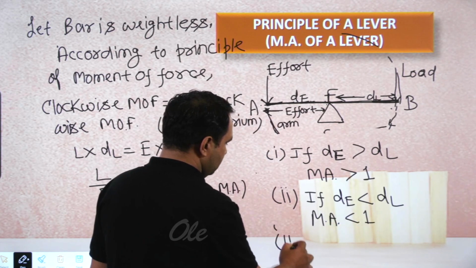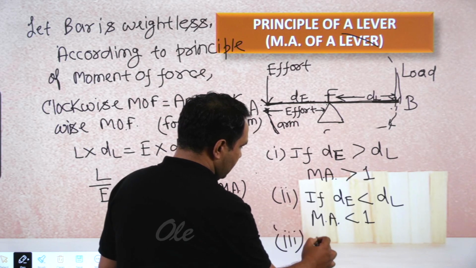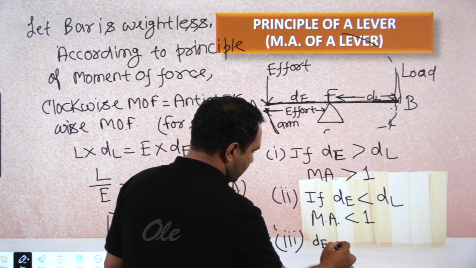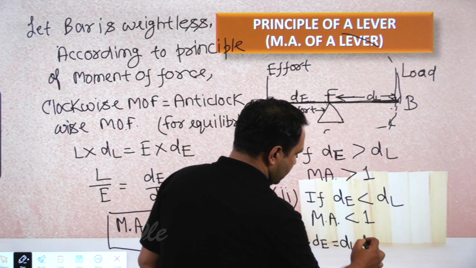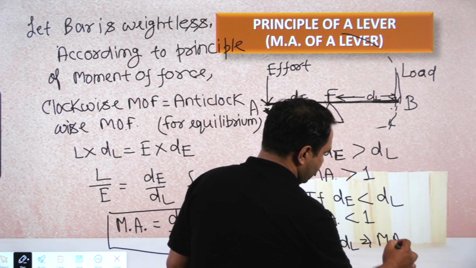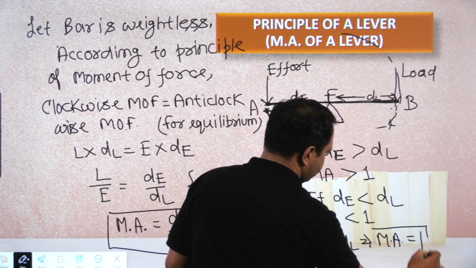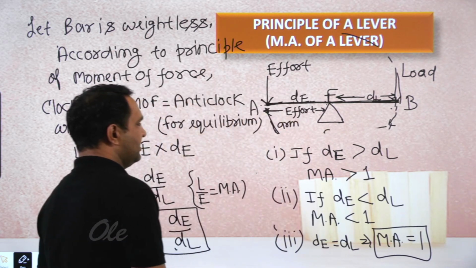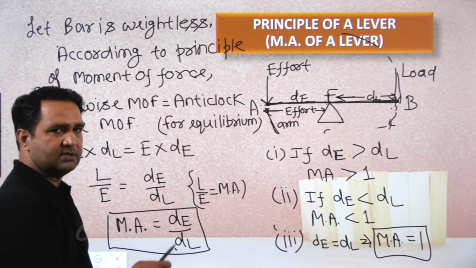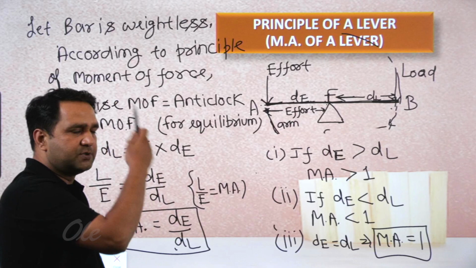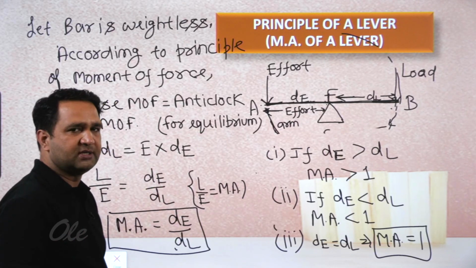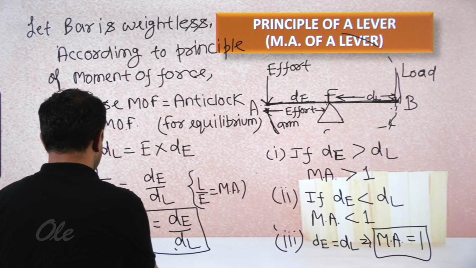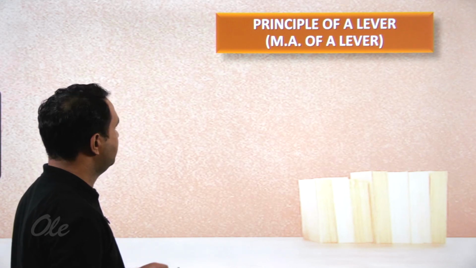And the third one, if dE is equal to dL, in that case mechanical advantage will be equal to 1. So these are the 3 cases we will discuss when we discuss the types of levers, class 1, class 2, class 3. So let's move on to the next slide.